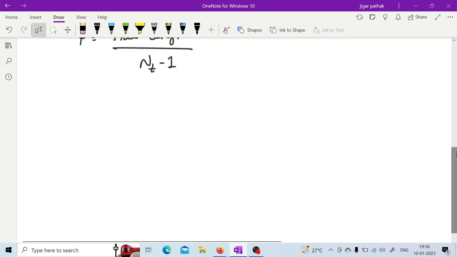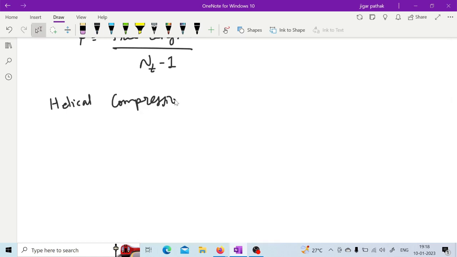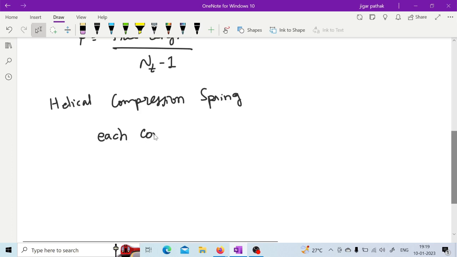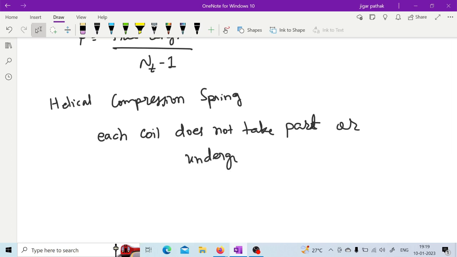In case of the helical compression spring, what happens is that each coil does not take part in or undergo deflection during application of load.